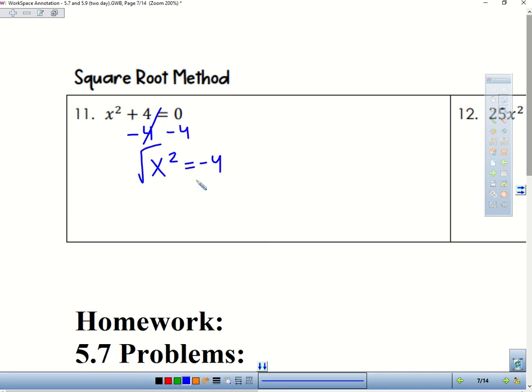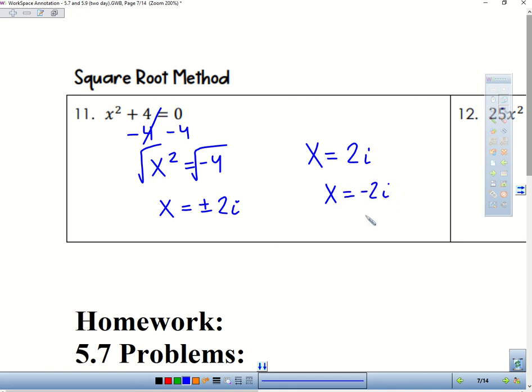Like it would be imaginary square root of 4? Yeah, pretty much. So you're left with x equals plus or minus 4i. I mean, sorry, 2i. Oh, right, because you can simplify. Correct. So those are my two solutions.